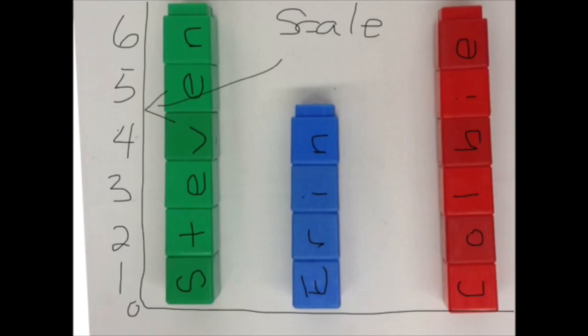I already know that Mr. Price's name has 6 letters. My name has 4 letters, and Colby's name has 6. The numbers on the side and the scale that they're jumping tells me how much each bar is.